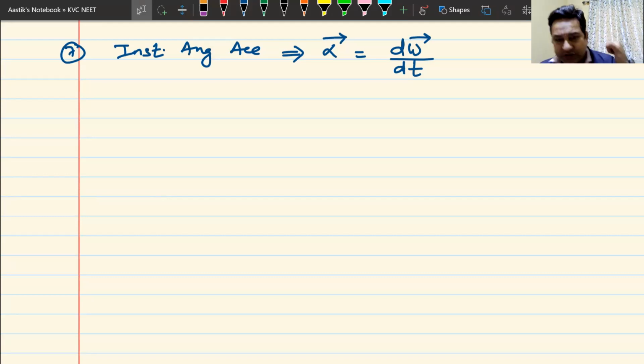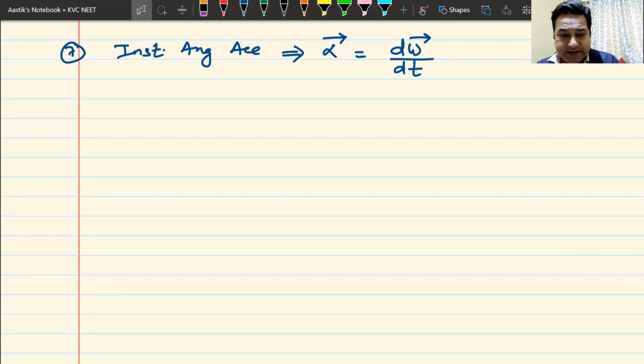Now, in circular motion, we're talking about axial vectors here. So what do we mean by moving in a straight line? If they are rotating on this axis, positive y, they will only rotate like this, or they will only rotate like this. So they will only rotate on one axis.